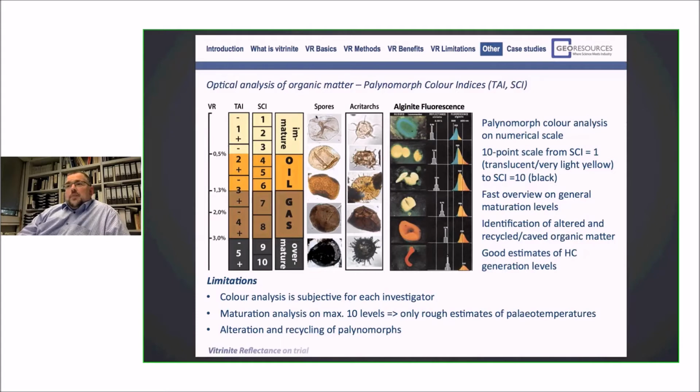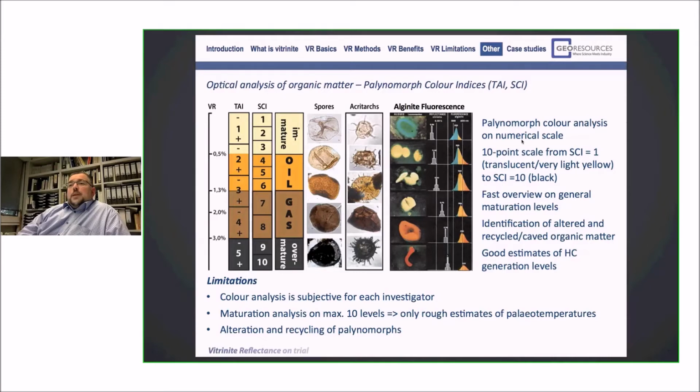And we see that we can, based on the color of palynomorphs, not only spores, but the same works with acritarchs in the marine environment. So we can make a system based on the colors and identify the different levels of maturation, and also roughly correlate this to the main stages in hydrocarbon generation.